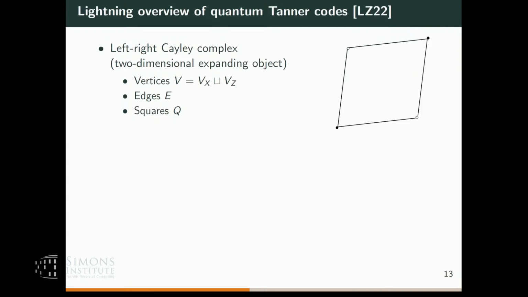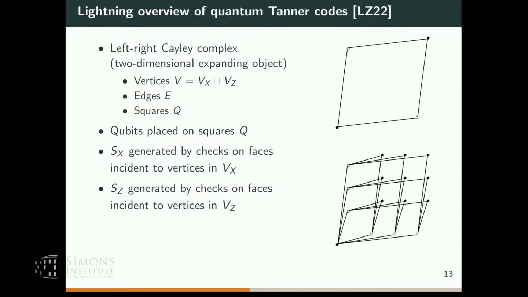Then we're going to place the qubits on the squares of this complex. And we're going to place checks, X-type and Z-type stabilizer checks, on the vertices of the complex. So here I've drawn a portion of this complex, and we're placing the qubits on the faces here. Let's say this is a Z-type vertex, so we're going to have a bunch of Z-type stabilizers associated with this vertex.